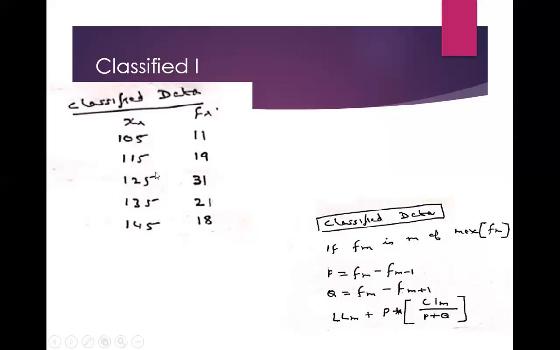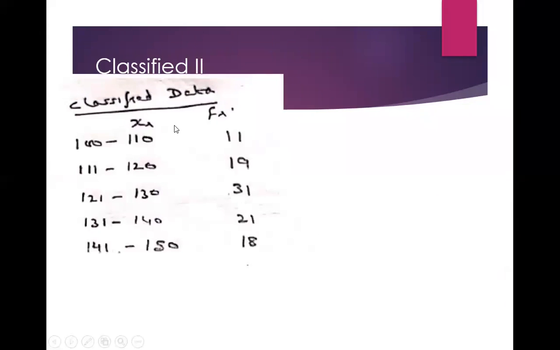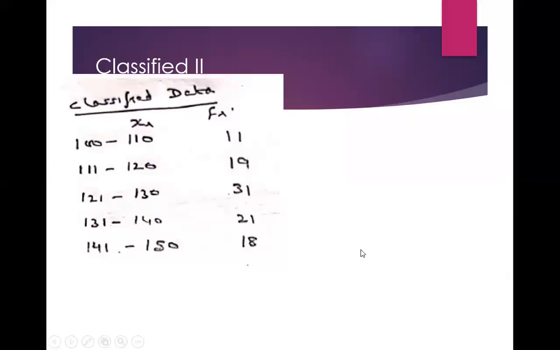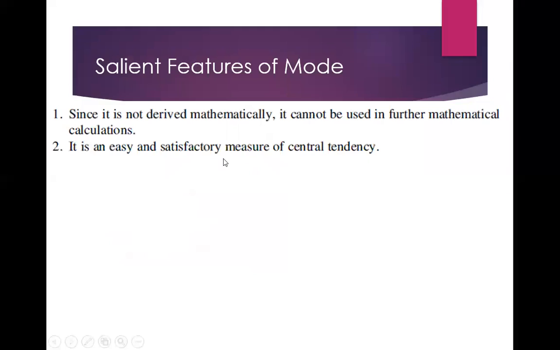So 125 is the mode here, because 125 occurs 31 times, and this is the maximum number of occurrence. Then the other classified data, there are these class intervals. So we use the formula for mode for class interval. This formula we use.